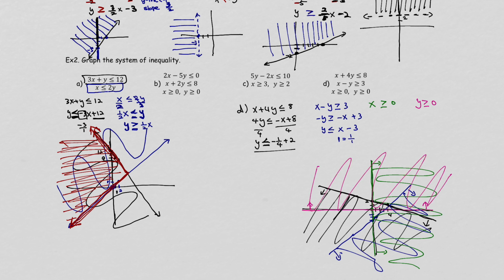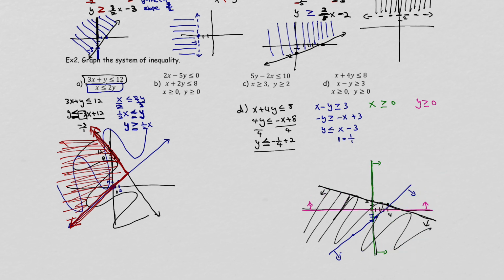So everything that is overlapping is going to be this little area. Let me undo all this highlighting so you will only see the solution. It will be this. And that's how you're going to find the solution of a system of linear inequalities.